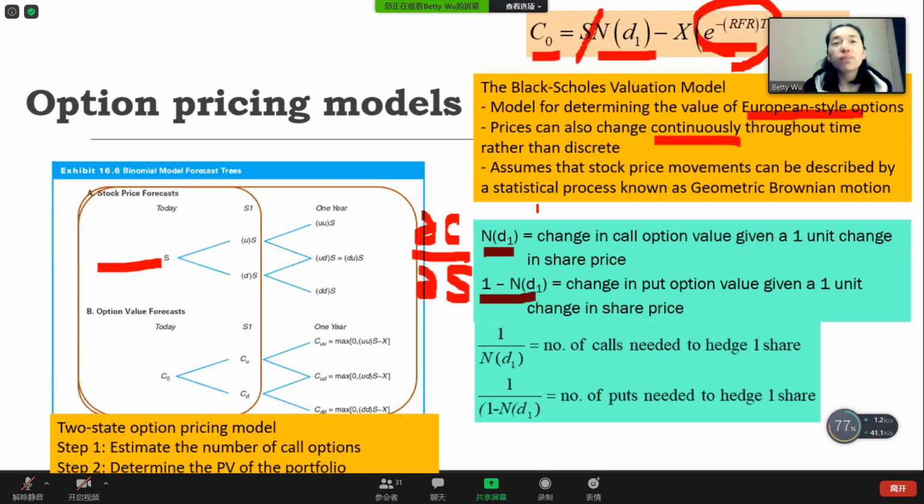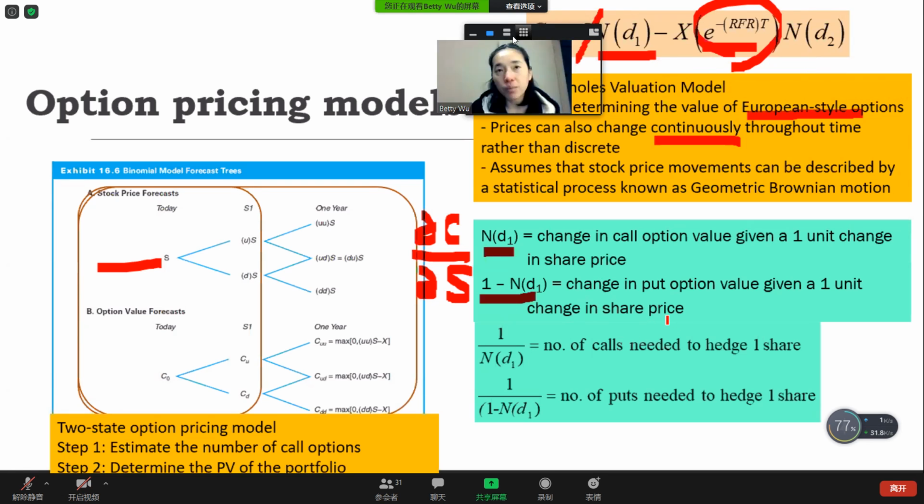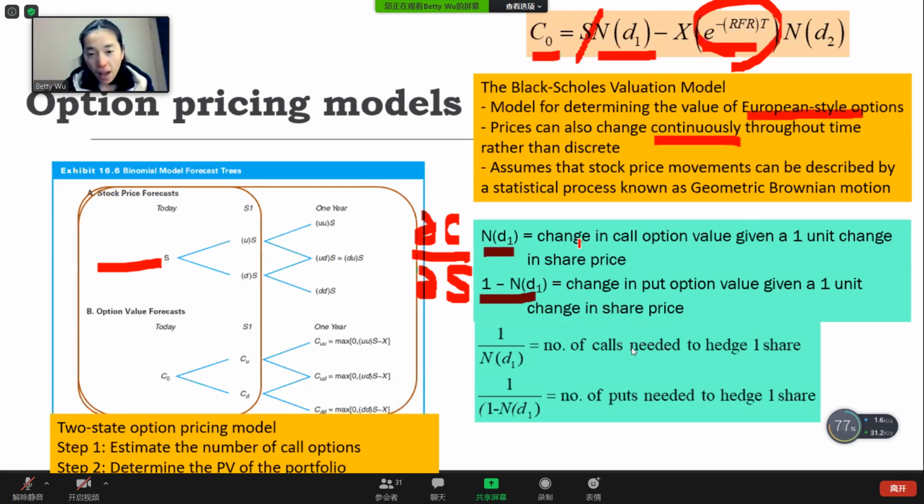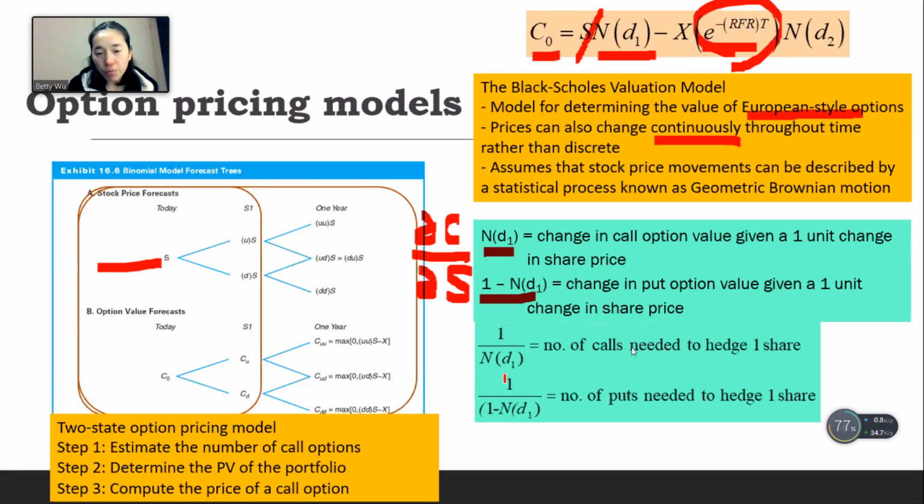This will be gone. It's just simple calculus. And so to hedge one share, you need to write this number of calls. This is the reciprocal of this one. So you can offset the impact of price appreciation. So you need to write this number of calls.